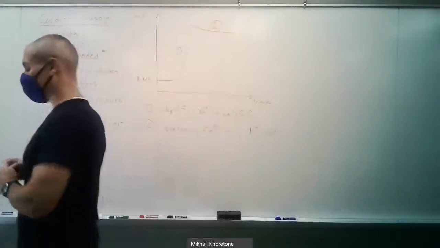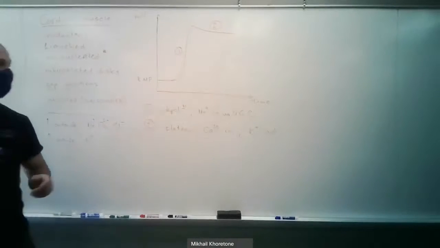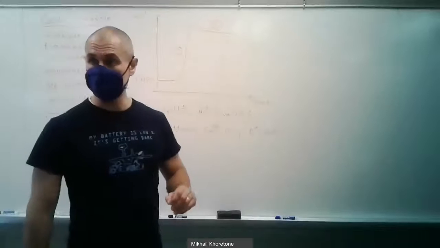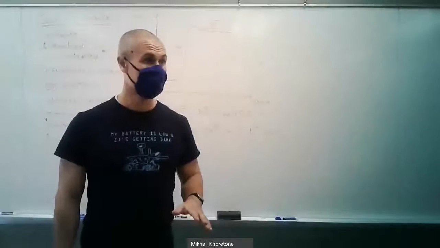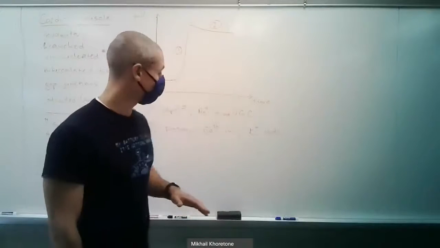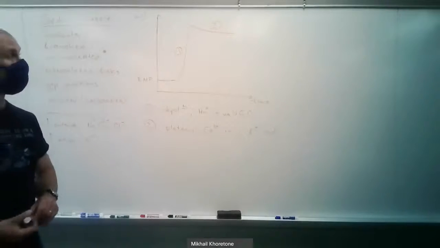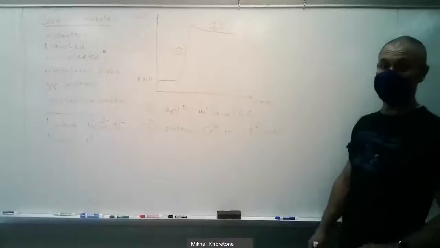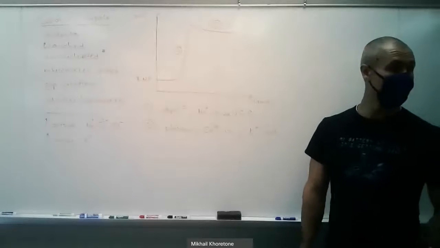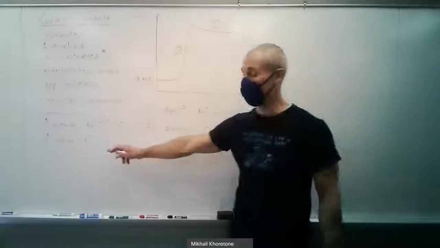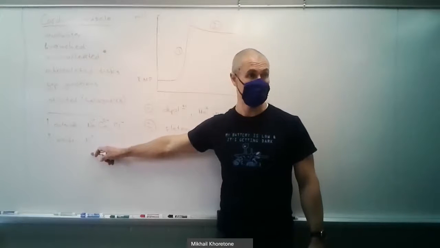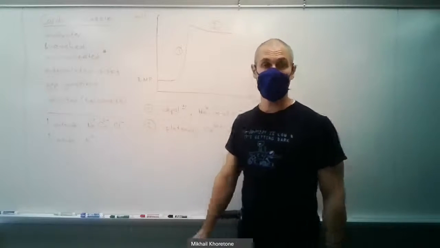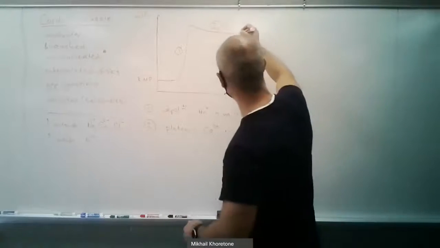In all cases here, I'm not going to write it anymore. It's going to be voltage gated channels. We good? Okay. Finally, look at this. At this point, calcium channels close, and the only ones that are left open are potassium channels. Are you with me? So potassium starts to rapidly leave the cell.